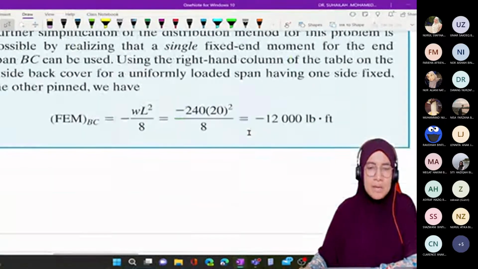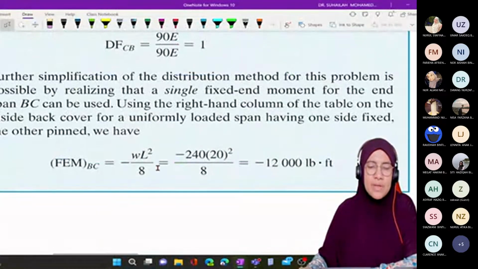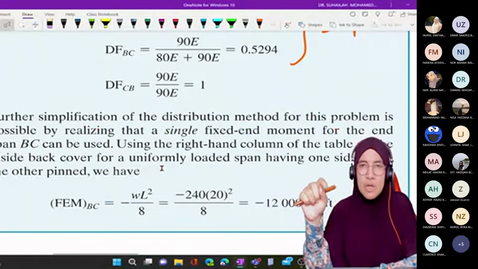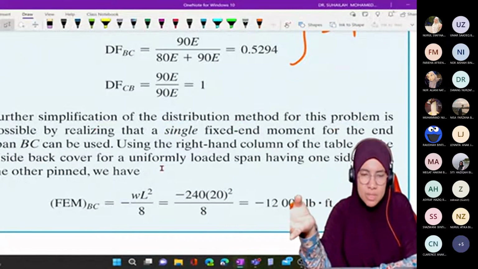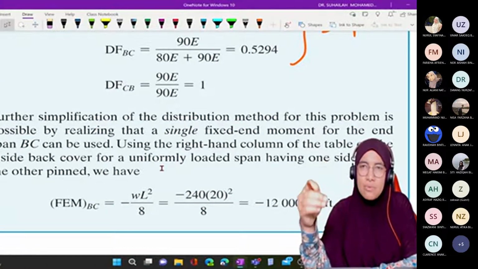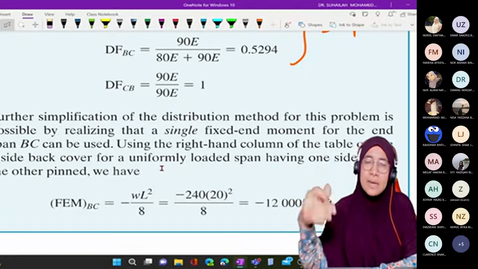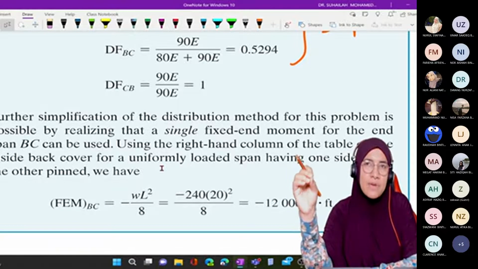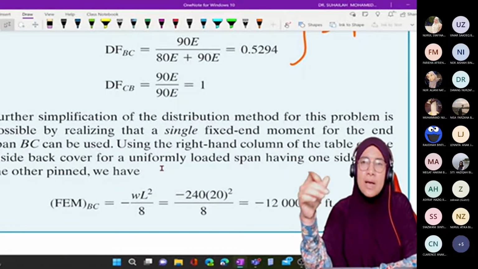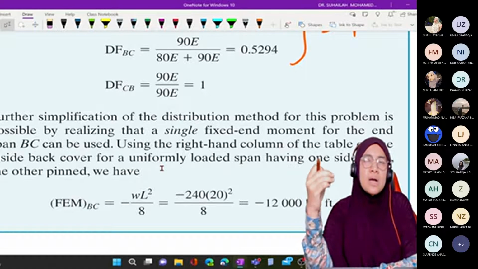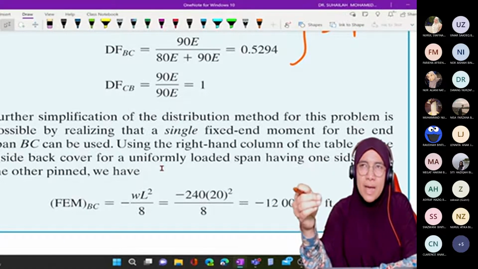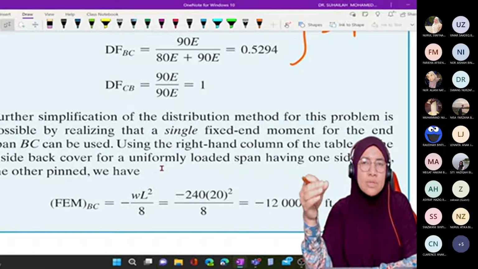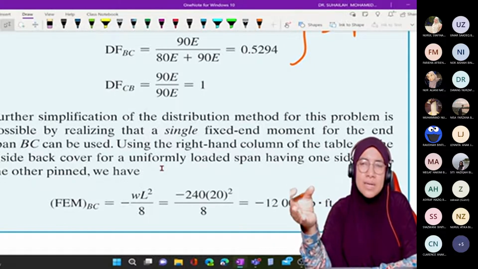And then fixed end moment. Okay, in the video this afternoon I showed an alternative solution. Whenever we want to analyze an example like this, where the far end is roller or the far end is pin, we can still use the formula of FEM assuming both ends fixed. That is another alternative.